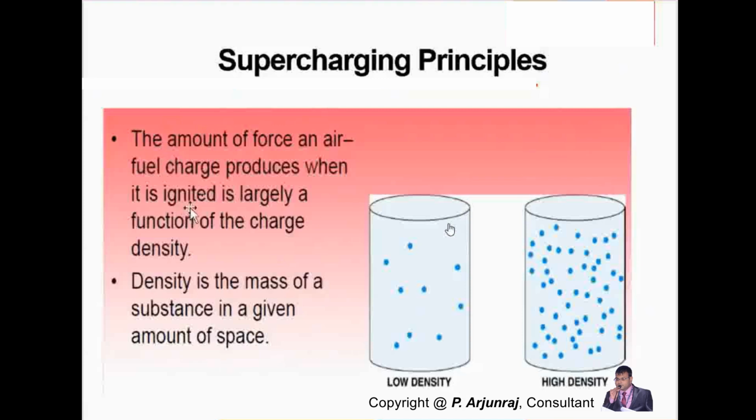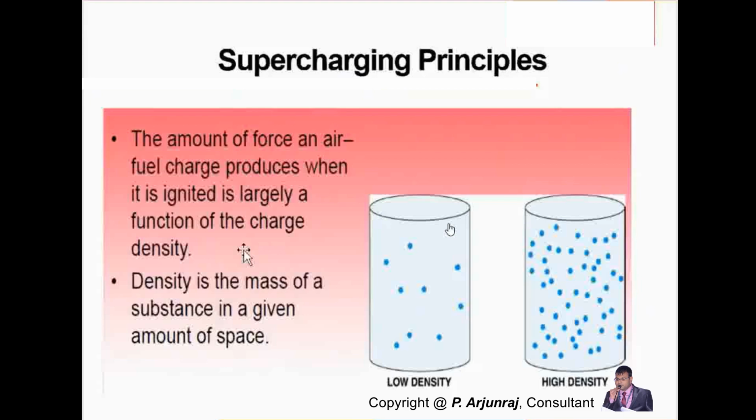The amount of force that the air-fuel charge produces when it is ignited is largely a function of charge density. For example, when air and fuel get mixed, you get combustion out of it, and that is a function of charge density.